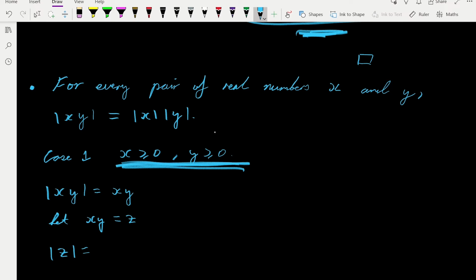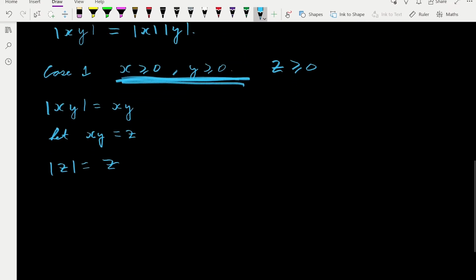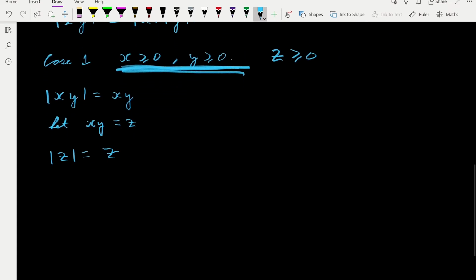So this would be equivalent to saying z is greater than or equal to 0, and then we'd look at our definition of absolute value, and that would just tell us to drop the absolute value bars and treat the absolute value of z as just z, because we know z is greater than or equal to 0. Okay? So that's case 1. Case 2.